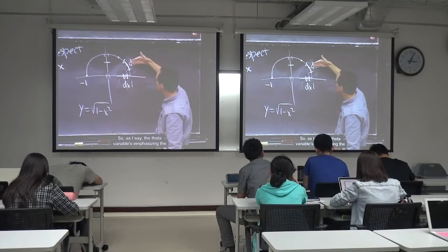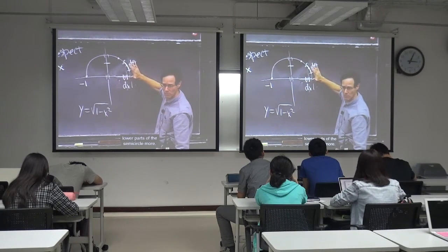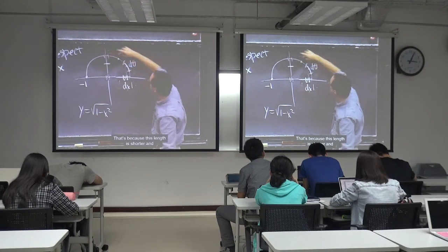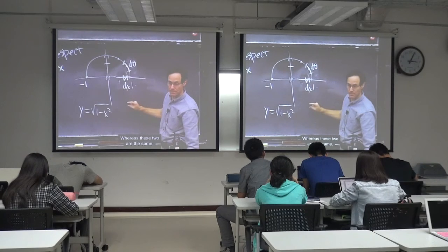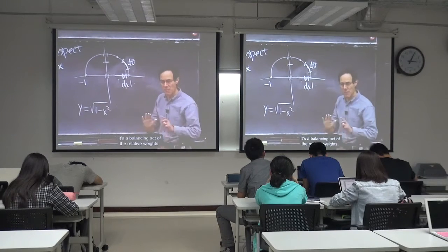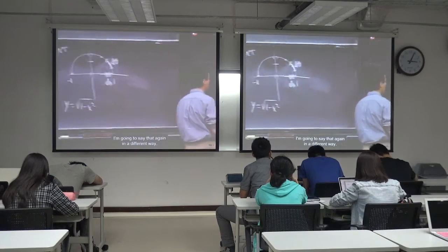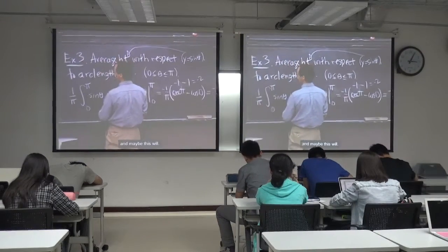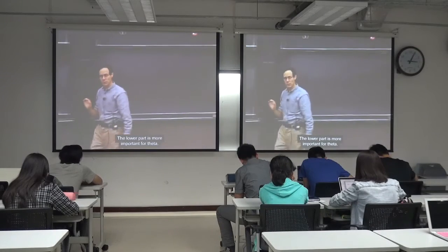So as I say, the theta variable is emphasizing the lower parts of the semicircle. That's because this length is shorter and this length is longer, whereas these two are the same. It's a balancing act of the relative weights. I'm going to say that again in a different way, maybe this way. The lower part is more important for theta.